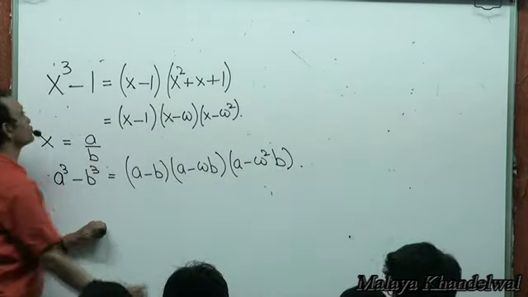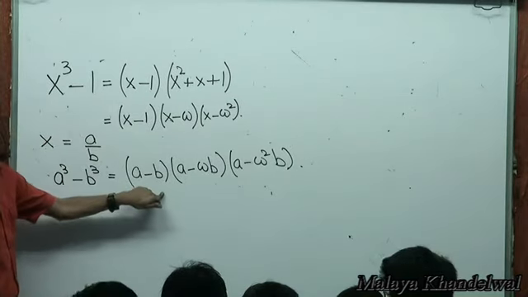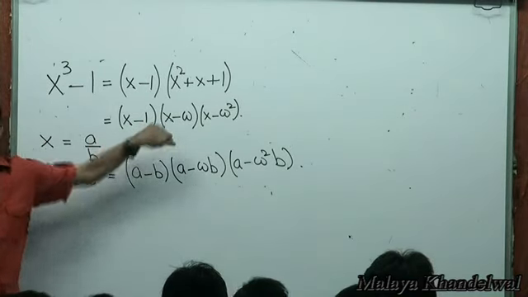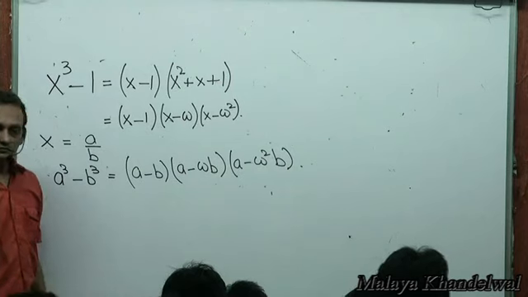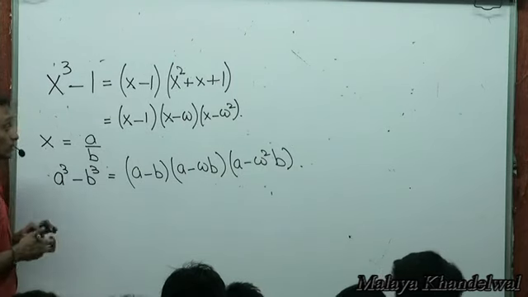If you plug in x equal to a by b, then this is what you'll get. This is an identity.